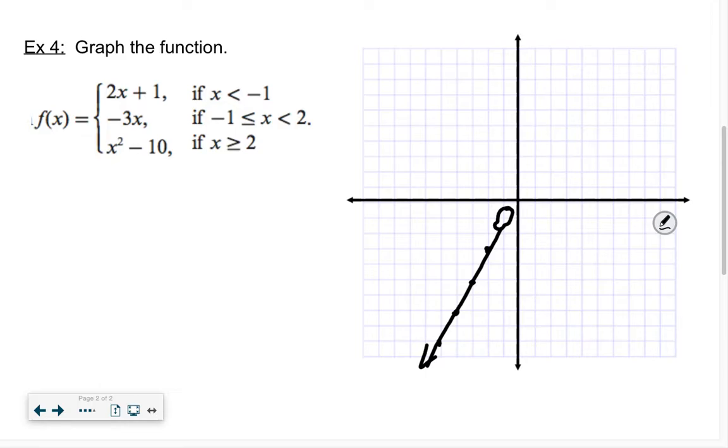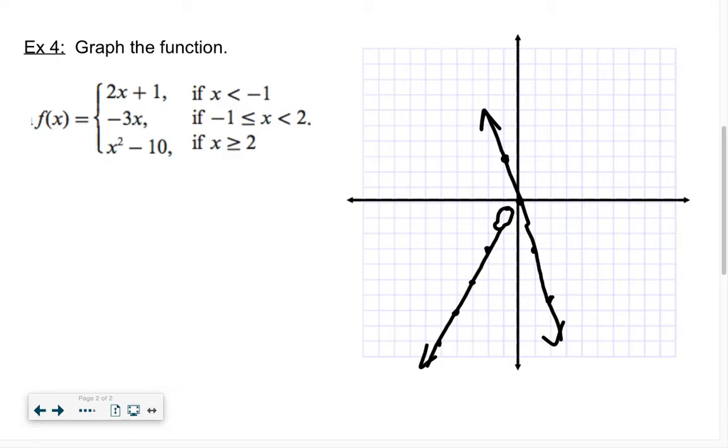Let's try the next one. Negative 3x. Y-intercept is 0. And from that point, I'm going to go down 3, right 1. Down 3, right 1. Opposite direction, up 3, left 1. And again, if we weren't restricted by our domain, we would just graph the line and we'd be done.